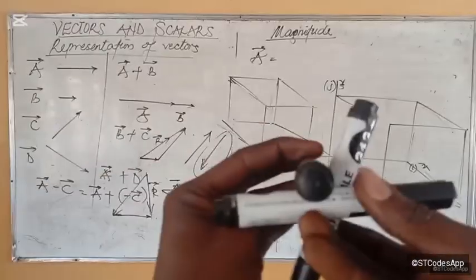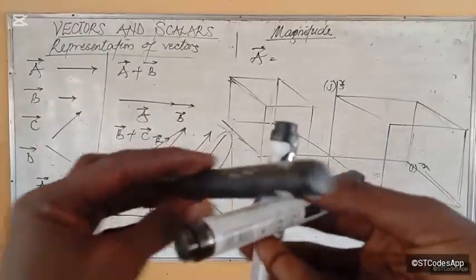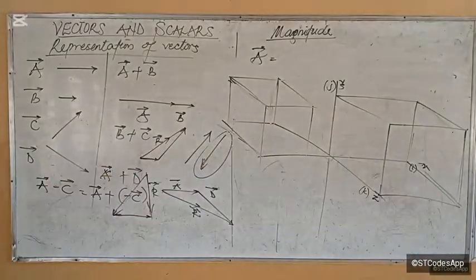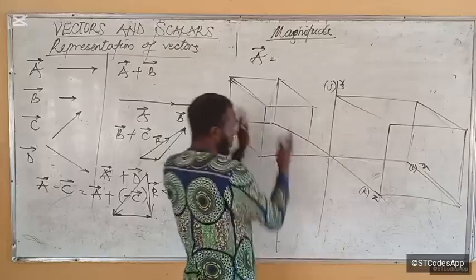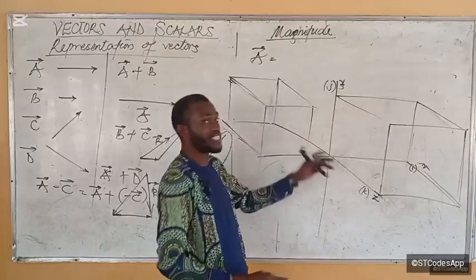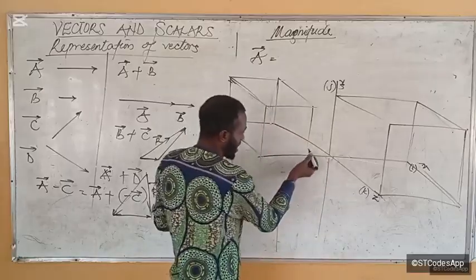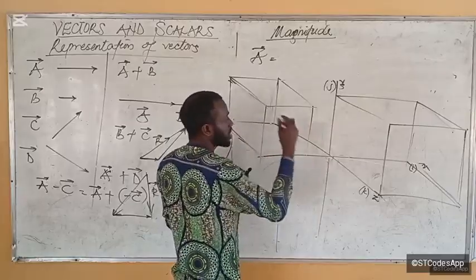There is a plane y, x, and z. So this black marker that has faded is the z plane. You can already see that, right? So I'm trying to show how to employ the vector notation.